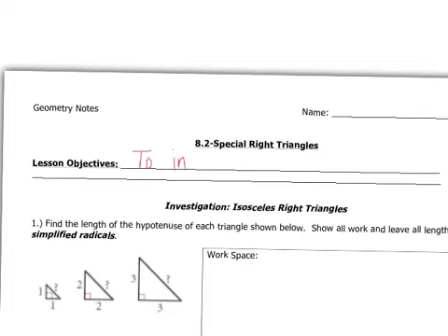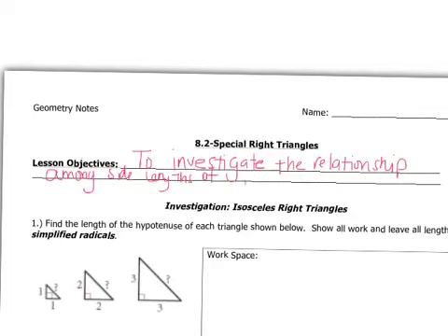That's what you guys are going to do here in a minute. What you're going to investigate is the relationship among side lengths of isosceles right triangles.